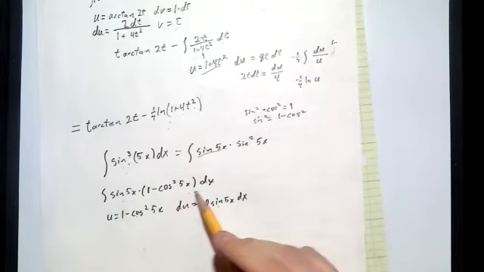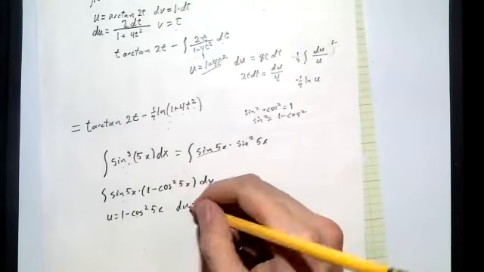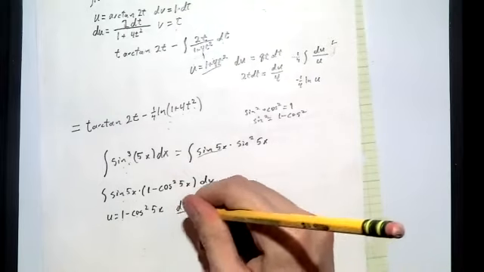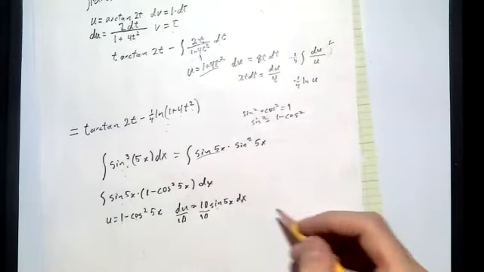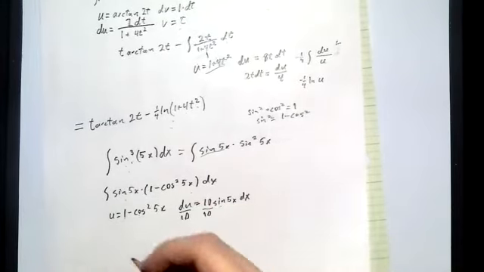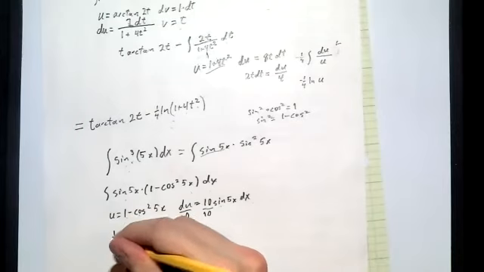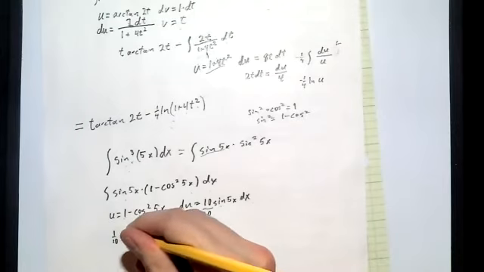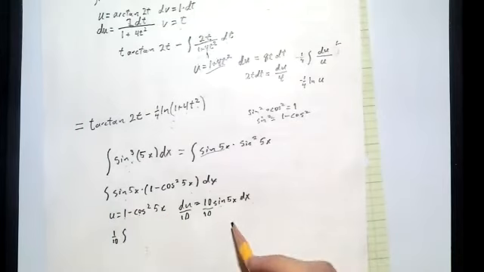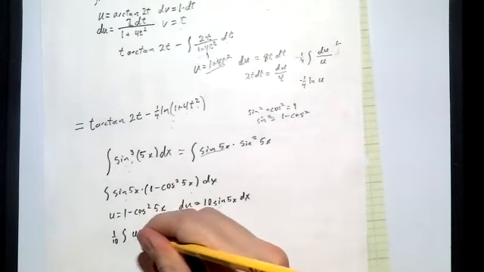So we have sine of 5x dx. So we have 10 coefficients, so you just divide both sides by 10. And we get, so, all right, 1/10 the integral of, and then it's going to be just u du.